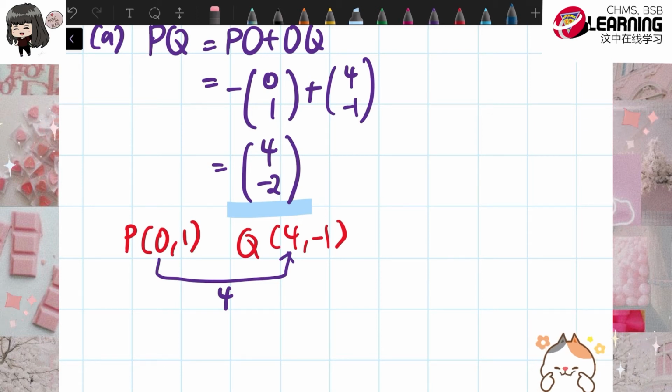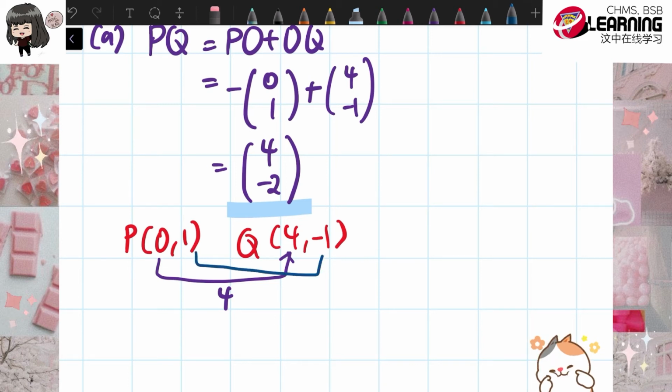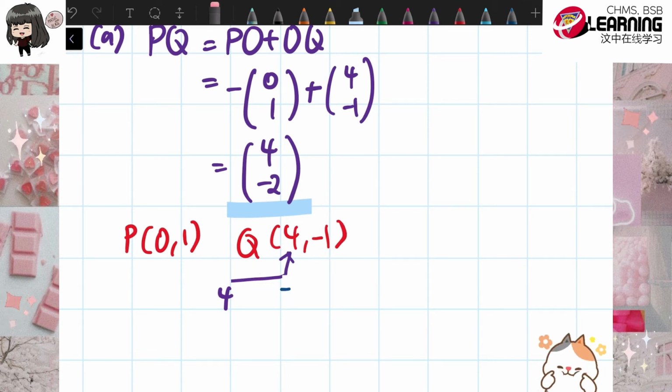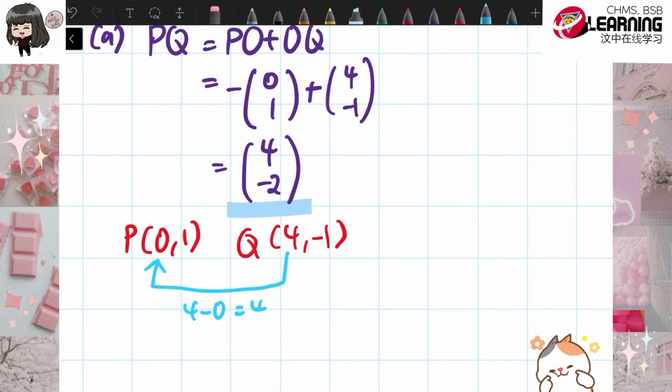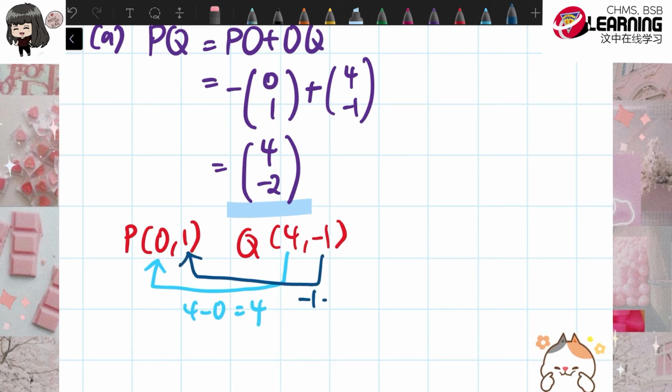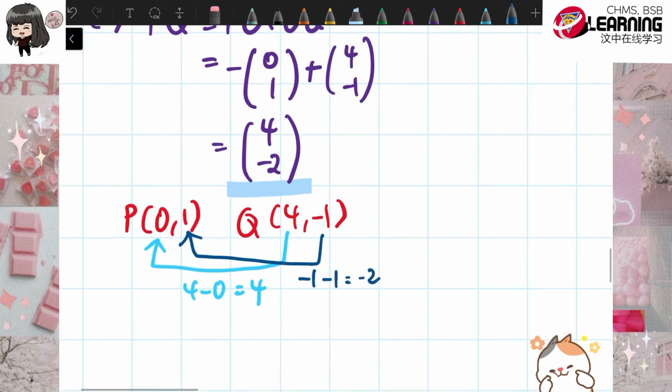And if you look at 1 to negative 1, it goes down 2 units, so it's minus 2. Or you can think of it like this: 4 minus 0 is 4, and then negative 1 minus 1 gives you negative 2. Therefore, P goes to Q is 4, negative 2.